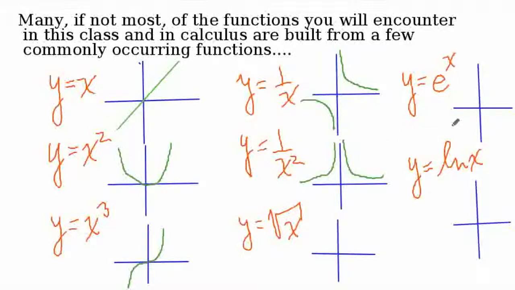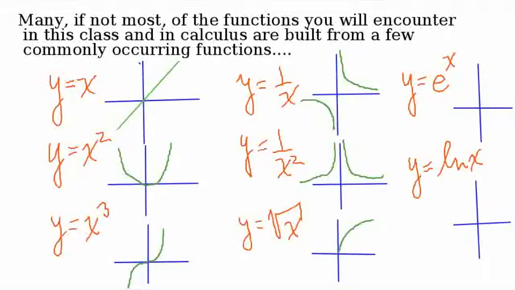Okay? And then the square root is interesting because it has a limited domain. You can't take the square root of a negative number if you're restricting yourself to the reals. So we're not going to have a graph to the left of the y-axis. We're going to have something starting at the origin and slowly growing, but not growing too fast, like that.